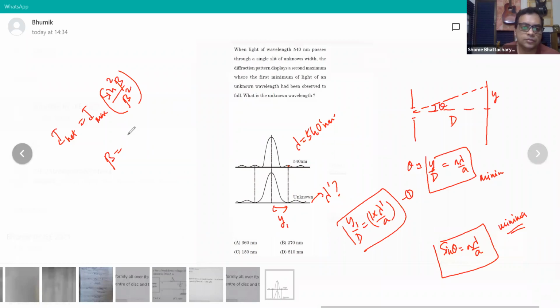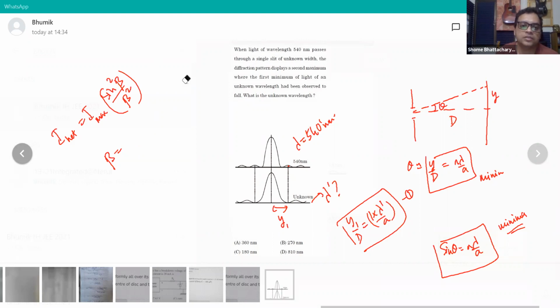Beta was equal to, I mean 2 pi by lambda into A sine theta, that kind of thing.